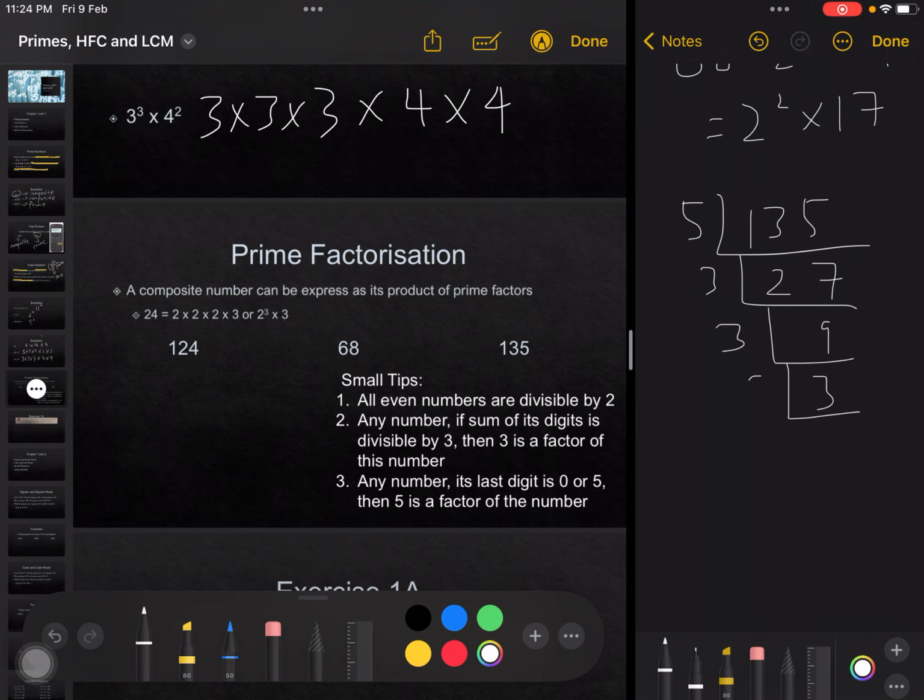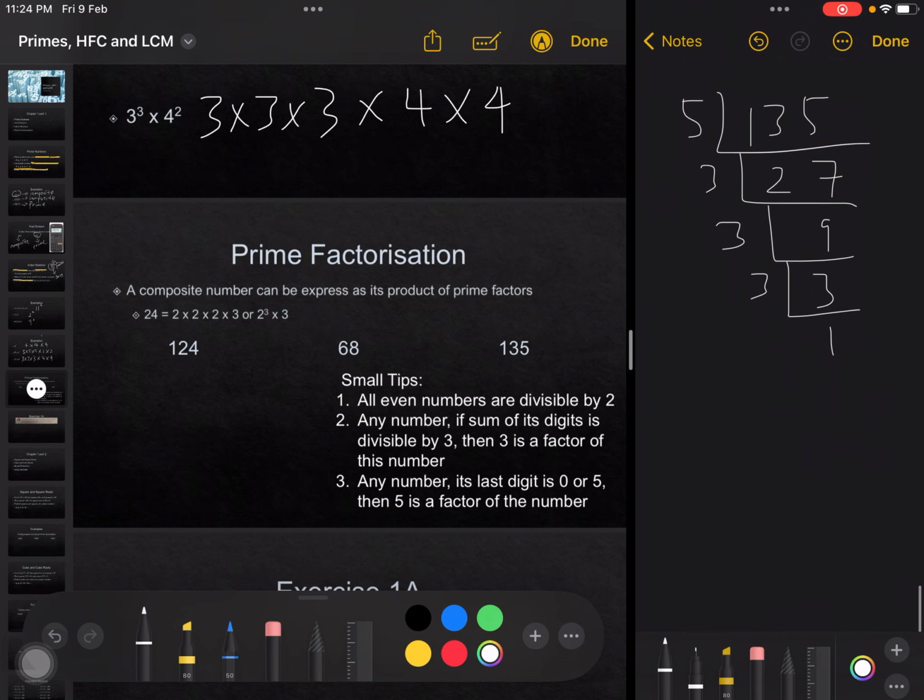Divide by 3 and left with 1. Do remember when you do prime factorization, the last number here must be 1. So 135 is actually equal to 3 times 3 times 3 times 5, which can also be written as 3 to the power of 3 times 5. So that's prime factorization.